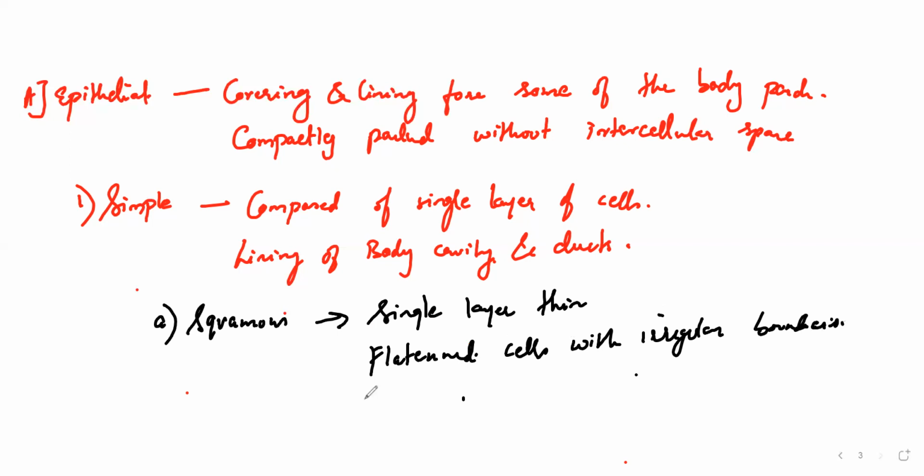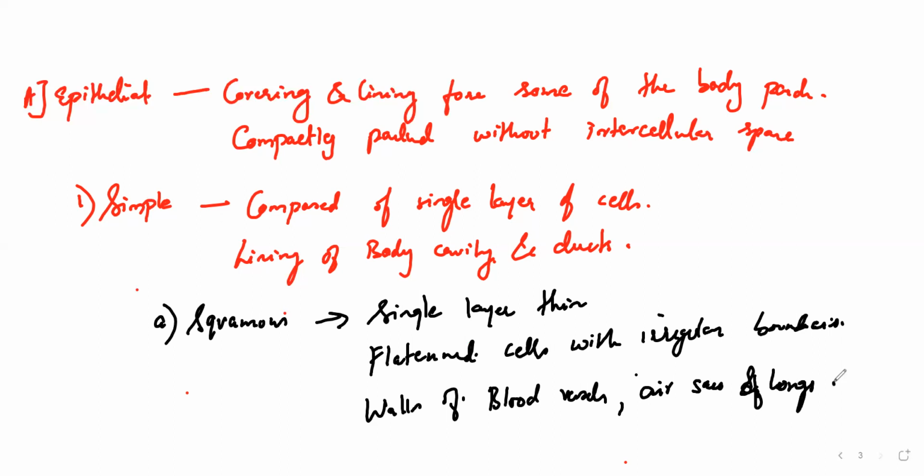They are found in walls of blood vessels and air sacs of lungs. This is about the squamous tissue. They will be flat.